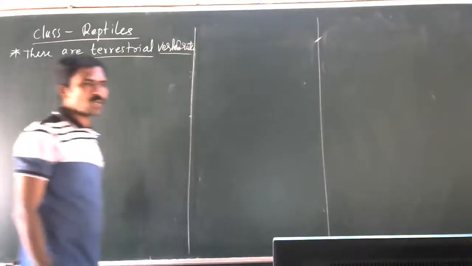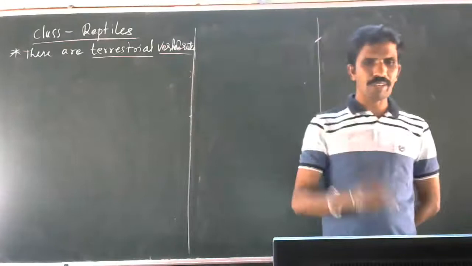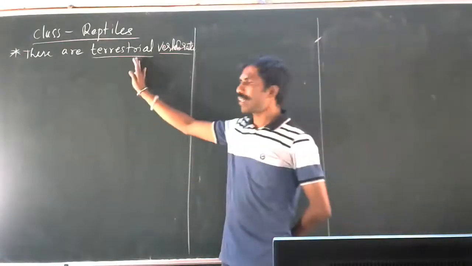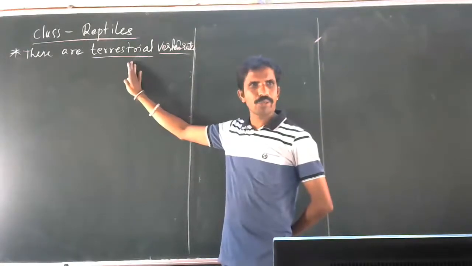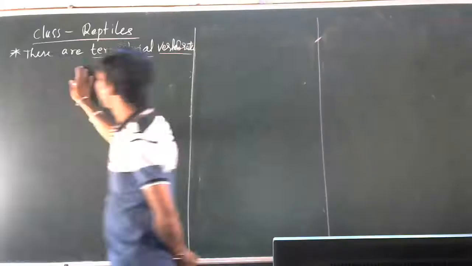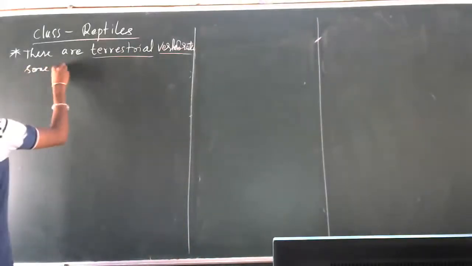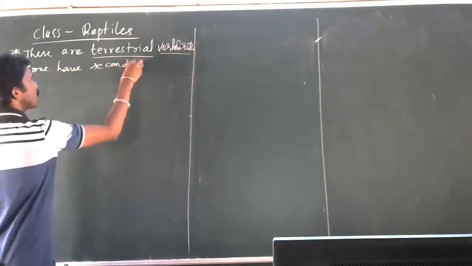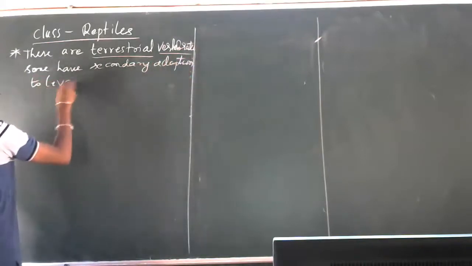These are the first group of animals which have the ability to live on land without water. That's why they are called the first terrestrial vertebrates. Understood? Some have secondary adaptation to live in water also.